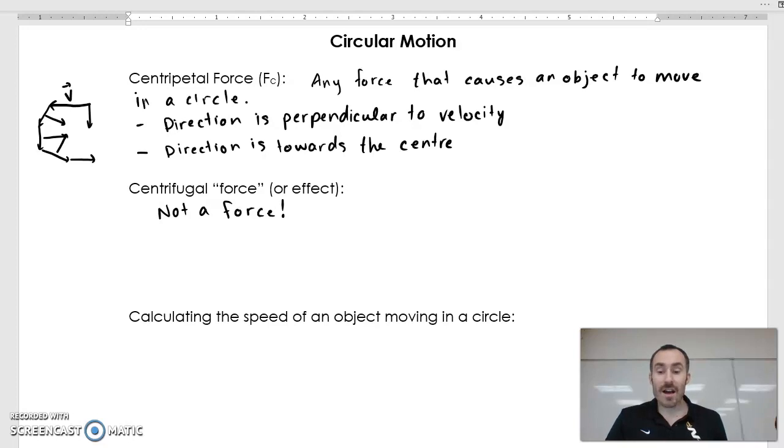So we have a formula here for the speed of an object moving in a circle. You may be familiar with it. It's distance divided by time. Now we are not calling this velocity, though sometimes I will just interchangeably call it velocity and speed, though velocity is not quite correct in this case. Because when you're moving in a circle, your direction is constantly changing. And so you could tell me your velocity at a certain point, right there.